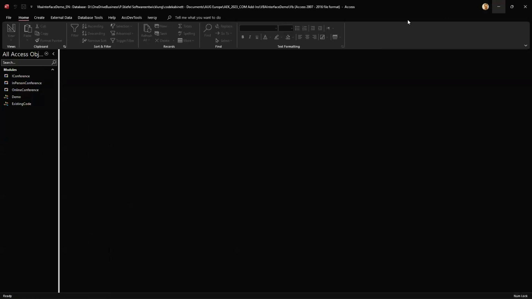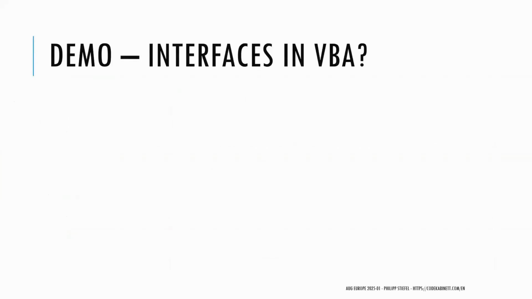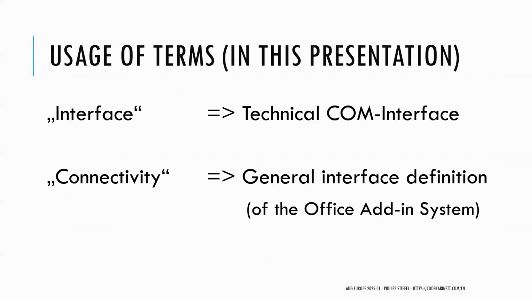Now let's go back to the presentation. Let's continue with a quick disambiguation. In the further progress of this presentation, if I use the term interface, I am referring to a technically strict interface. And I have a bit of a dilemma because the Office add-in system is also some sort of interface, but a more general, wider thing.